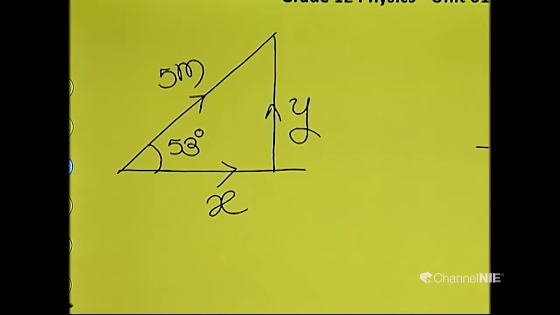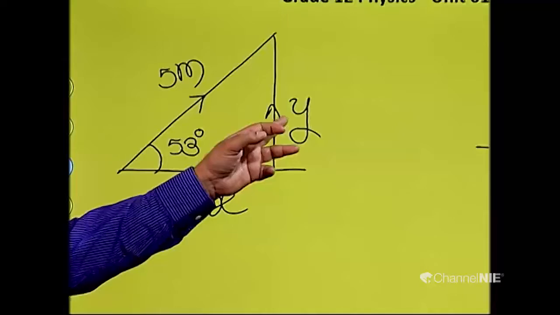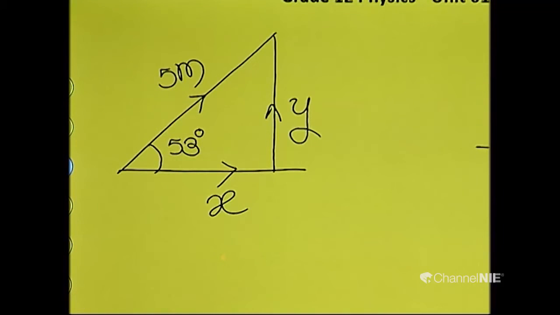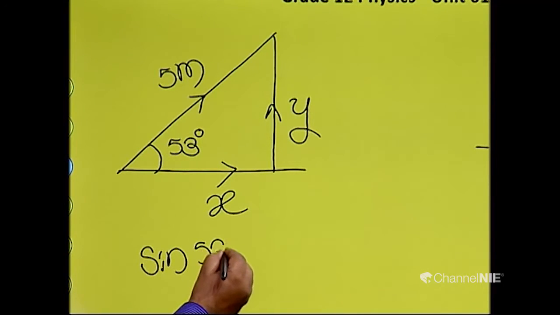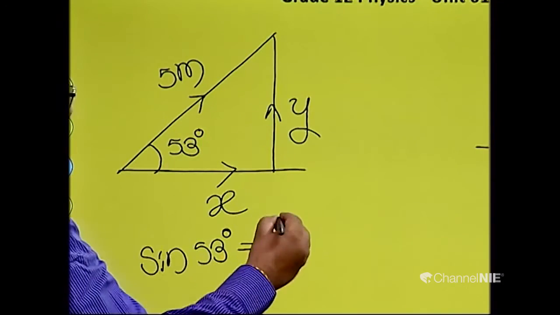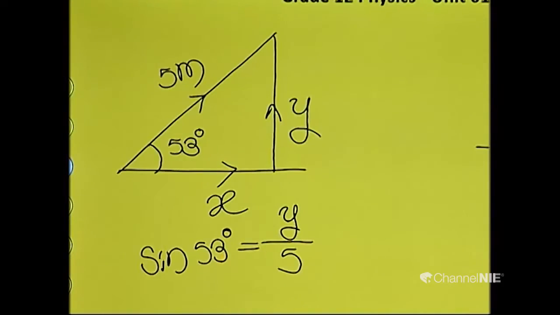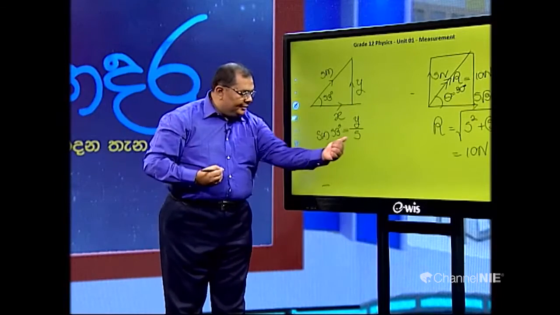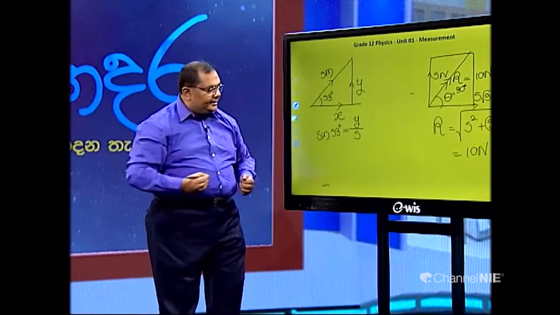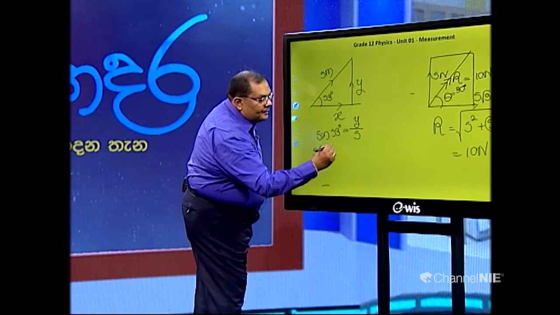Then sin 53 equals opposite over hypotenuse. Then, cross multiplying, 5 into sin 53.